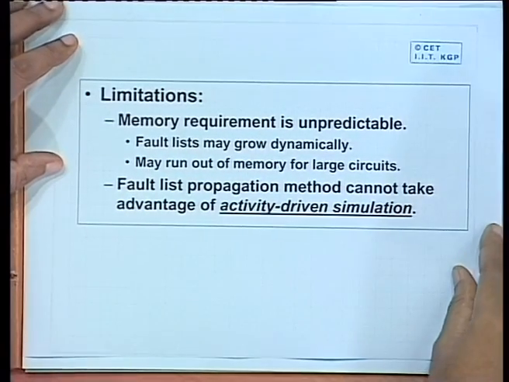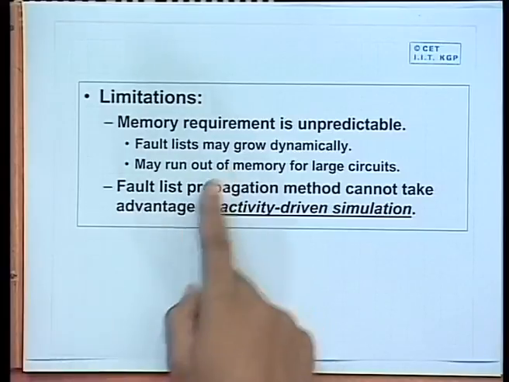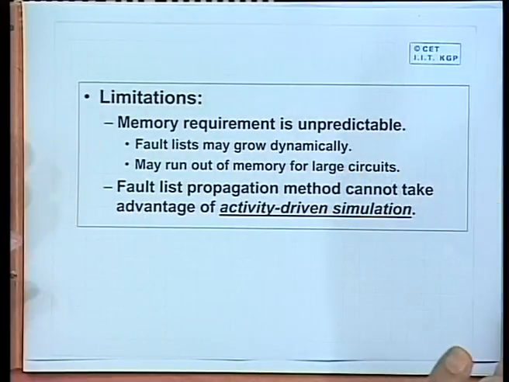Now, this method works faster than parallel fault simulation, but the problem is that the memory requirements are unpredictable, because the fault list can grow dynamically. You cannot estimate the total memory size for very large circuits.